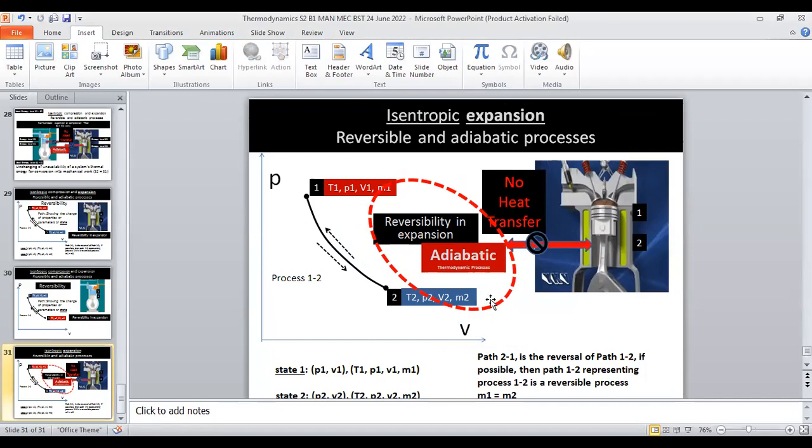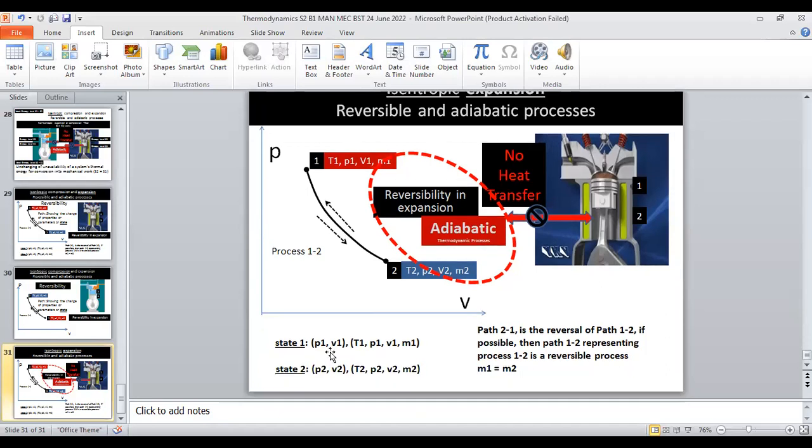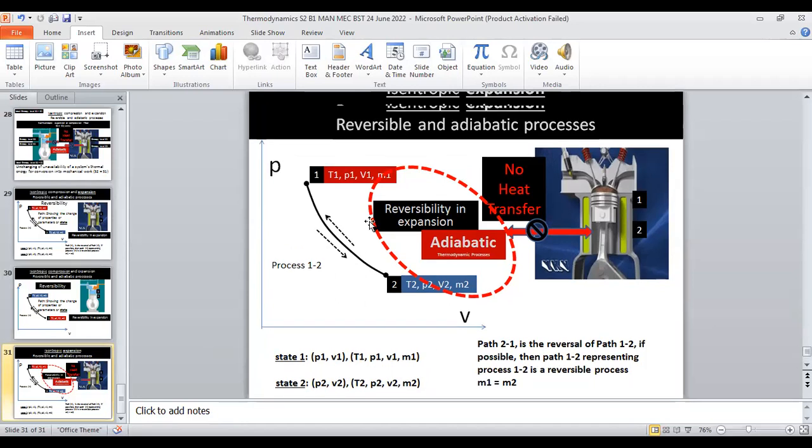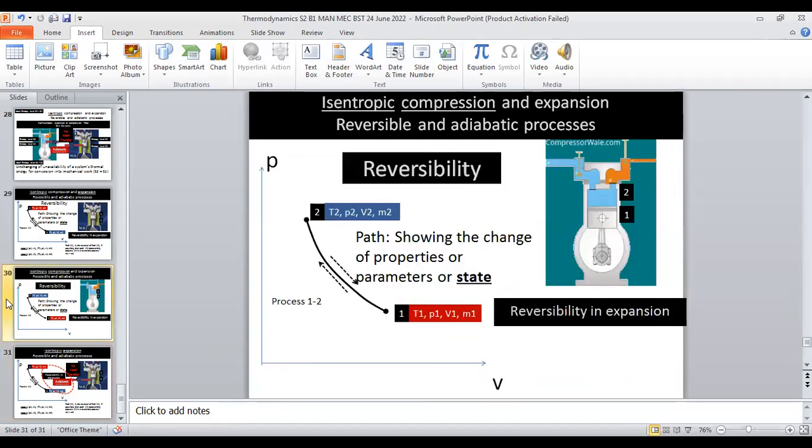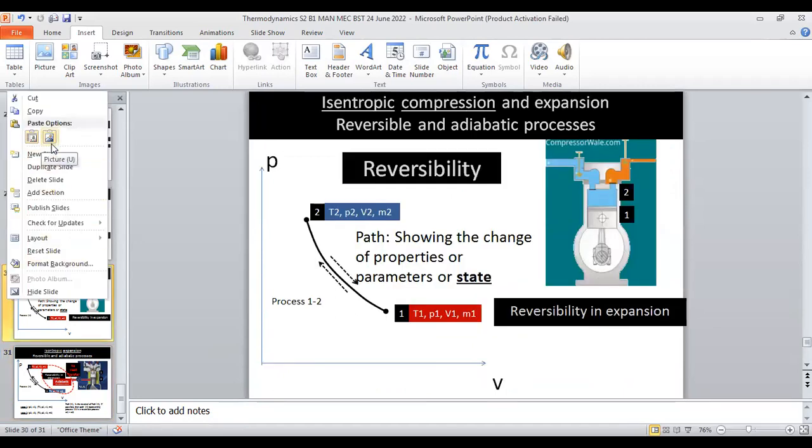Reversible and adiabatic. Yeah, I leave this here. It's okay. Then I will go for the isentropic compression.